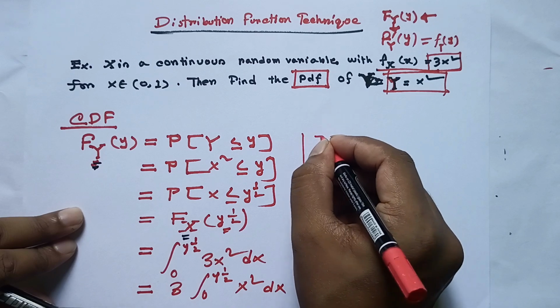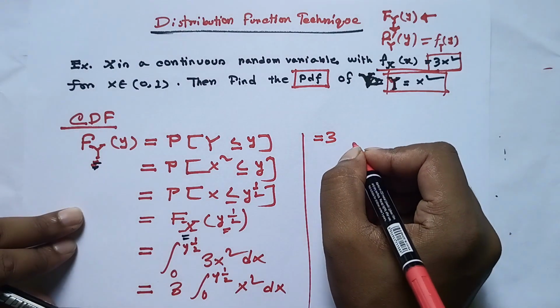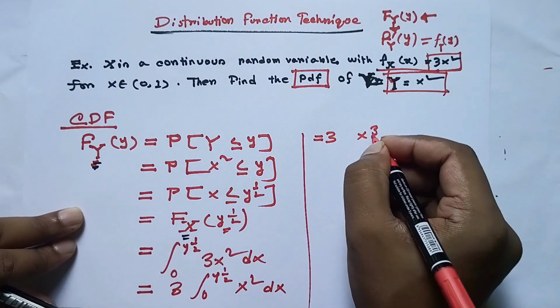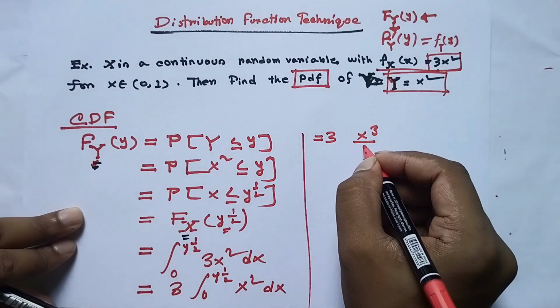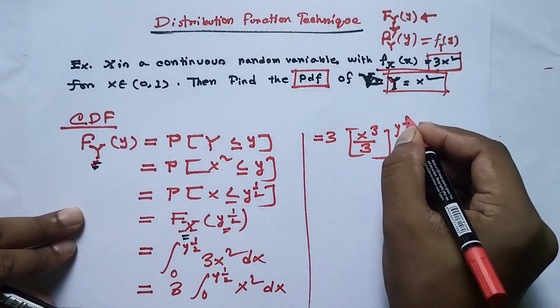next we can write 3, and if we integrate it, it will be x to the power 3 divided by 3, and the limits will be 0 to y to the power half.